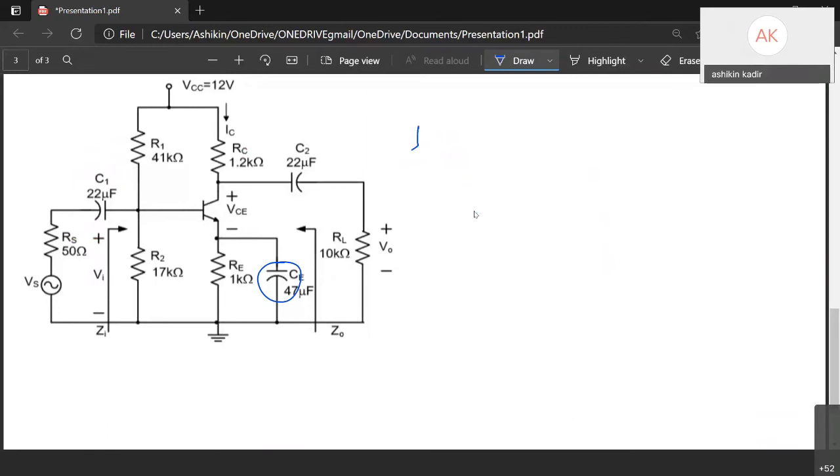So we have RS, C1 is short circuit, and then we have RTH, and then we have here CE.